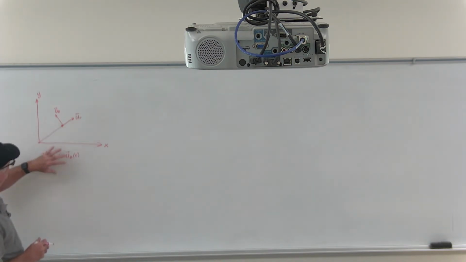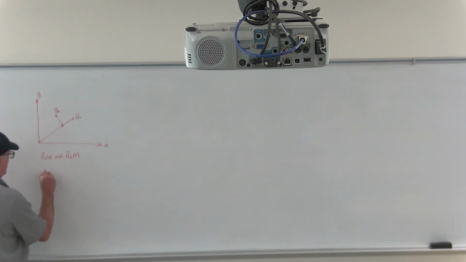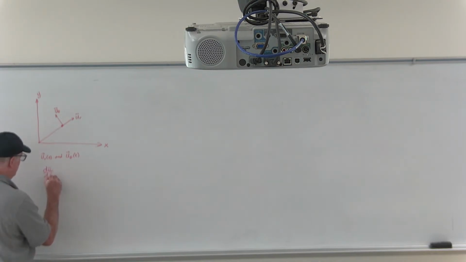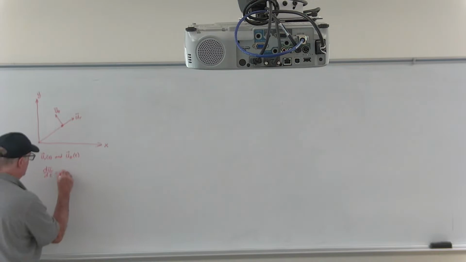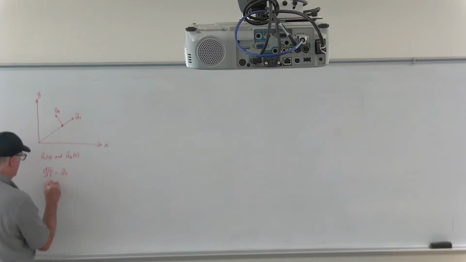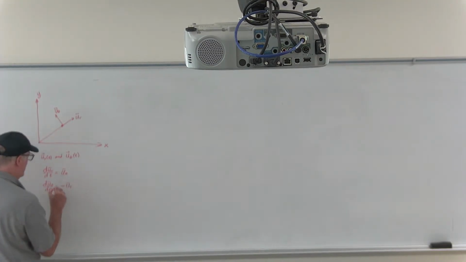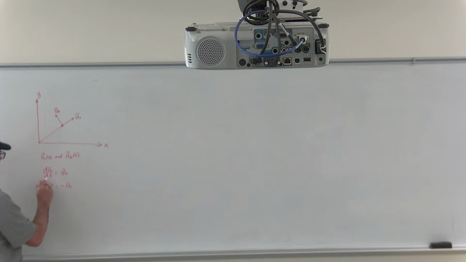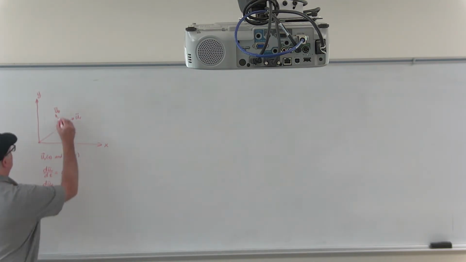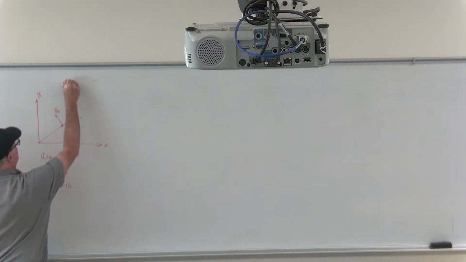So what we also found last time was this: U theta, and the change of U theta with respect to time was equal to minus UR. Then we also, as a side note, realized that the change in the I vector was nothing.